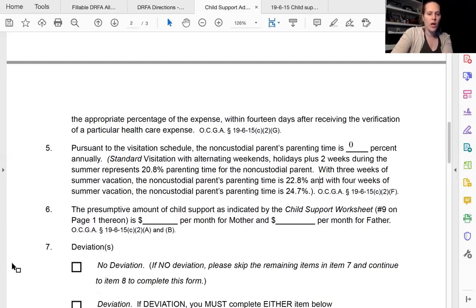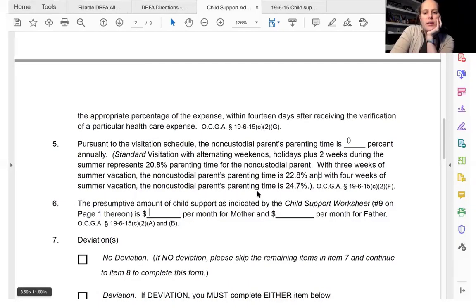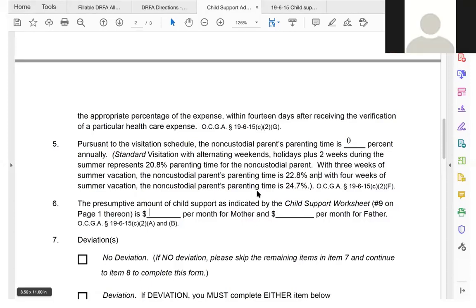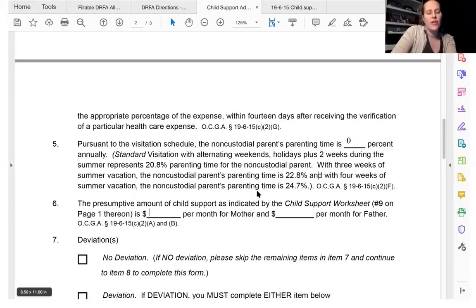Do you remember what our child support number was? The presumptive amount was $941. Oh, for each parent, I'm sorry, it was $39 for mom and $902 for dad.